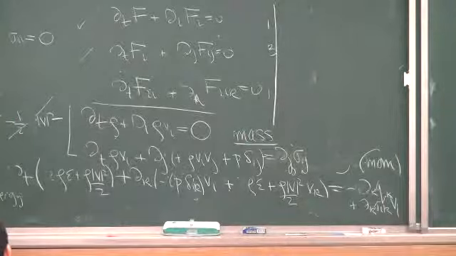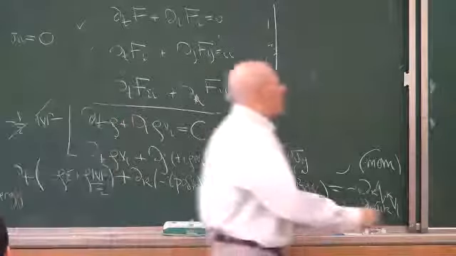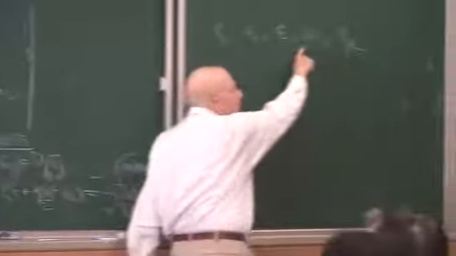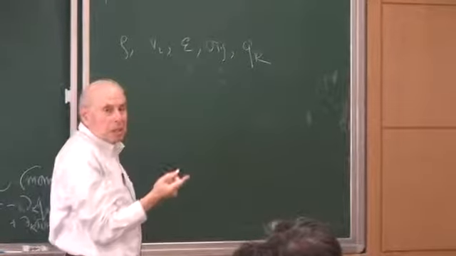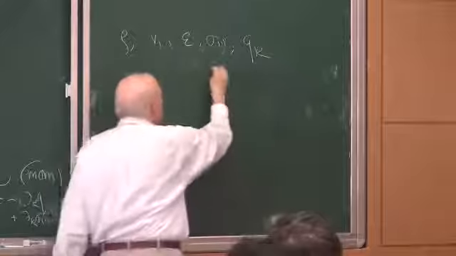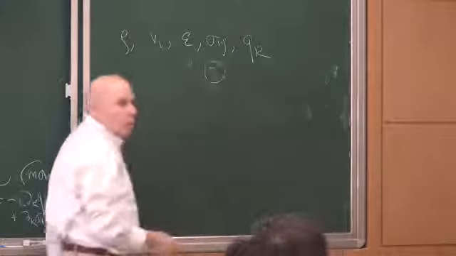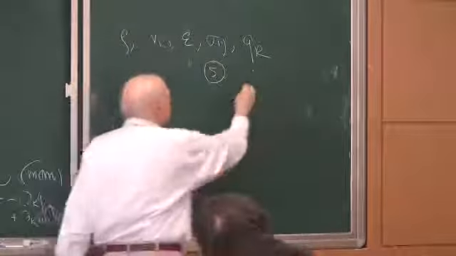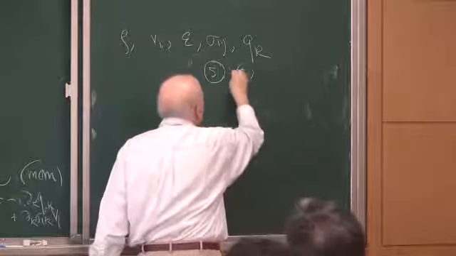Okay, so how many sigma ij's are there? Well, it's symmetric, so it should be 6. But the trace is 0, so only 5. So this is 5 more guys, plus 3 more guys.